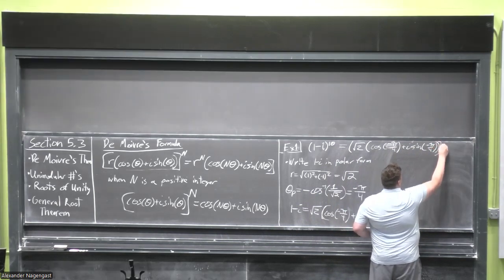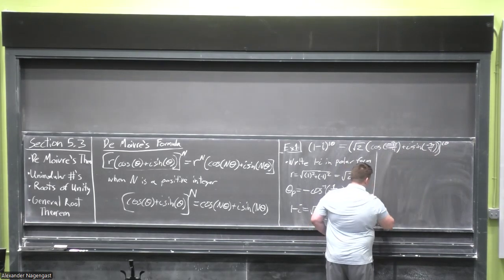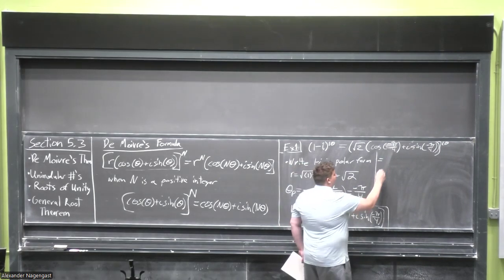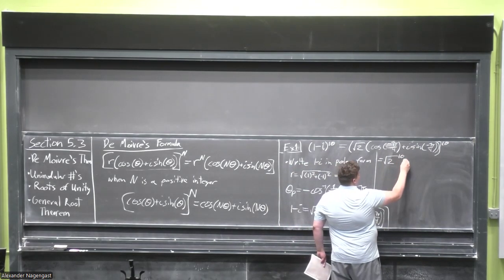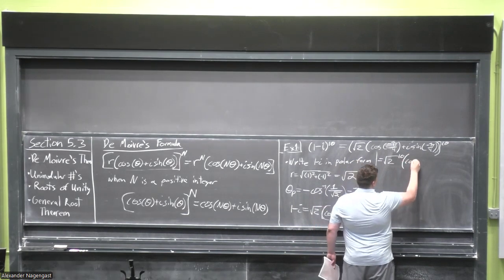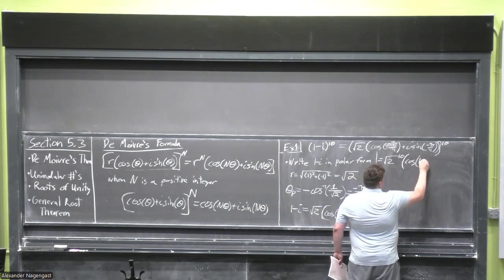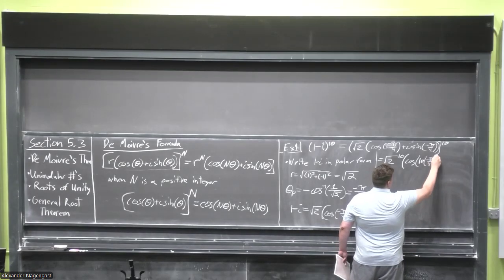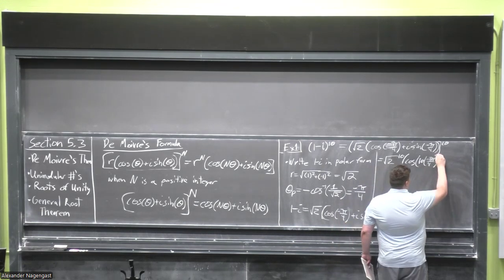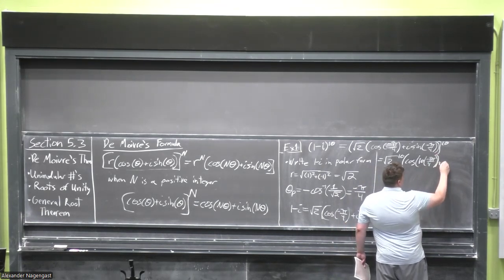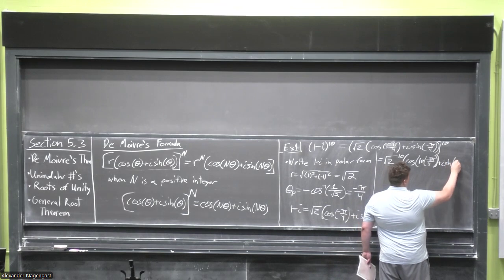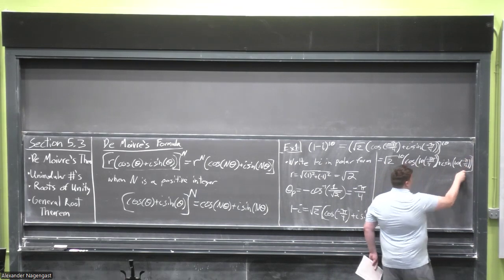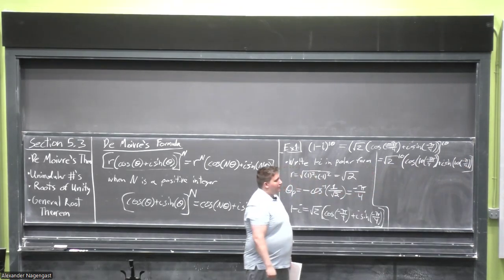And we're going to raise this to the 10th power, which I can rewrite as square root 2 to the 10th times cosine of 10 times negative pi over 4 plus i times sine of 10 times negative pi over 4. And that is because of de Moivre's theorem.